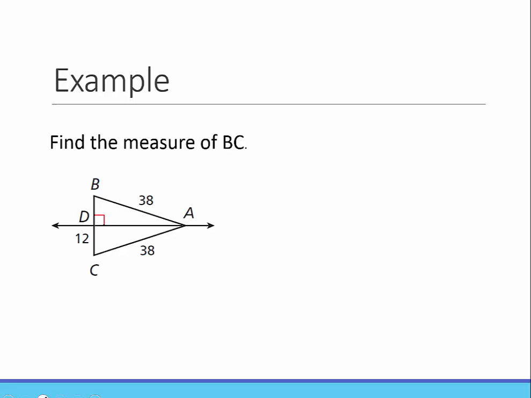So find the measure of BC. We got to find this whole thing right here. So take a look at the information we're given. I know that this side is congruent to this side, and this is perpendicular right here.